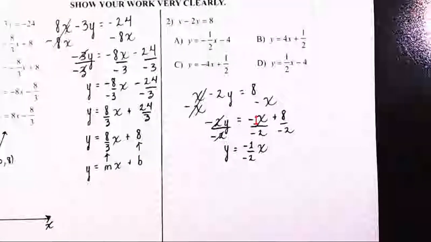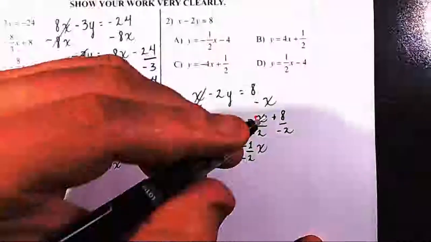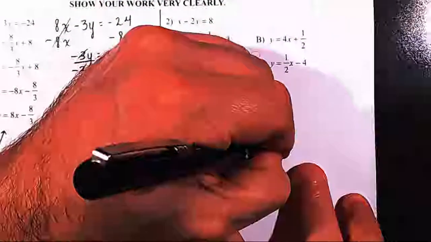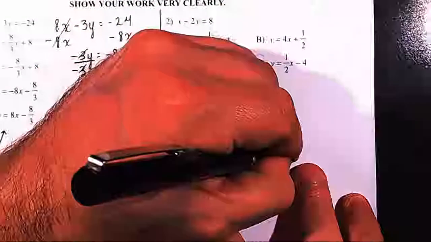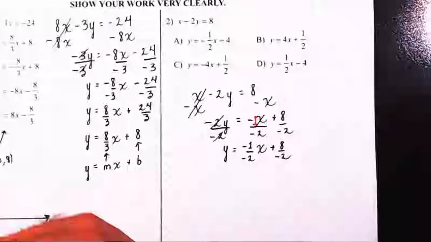There's always a 1 that's understood because there's only one x, or in this case, negative 1x. Okay, so now we'll write the rest of our equation as it exists, plus 8 over negative 2. And we're not done yet because we've got to clean this up on the right. But I do have y by itself.